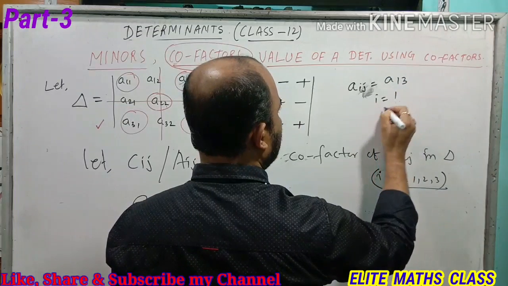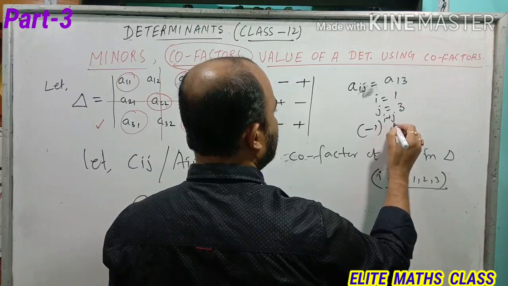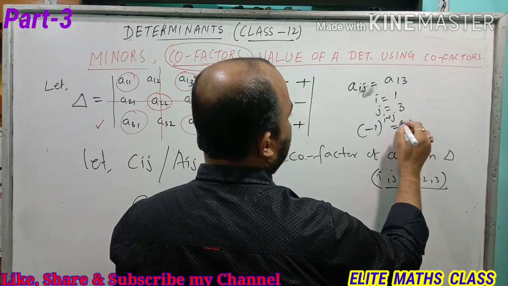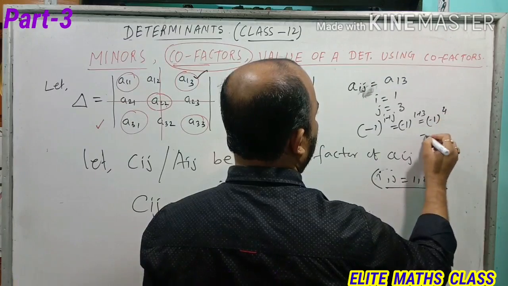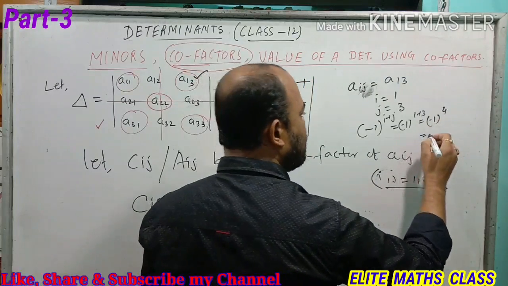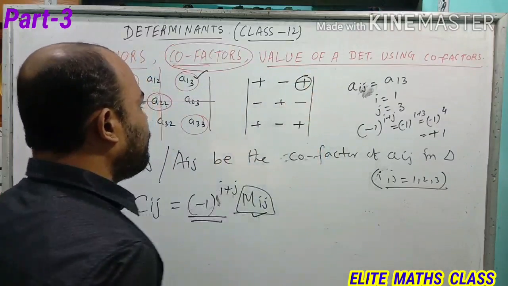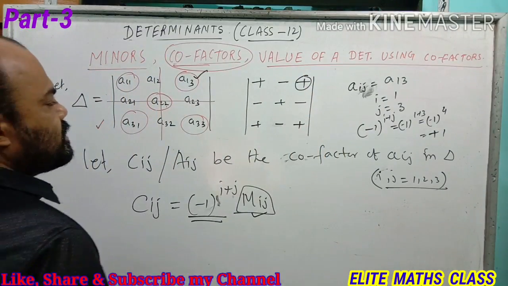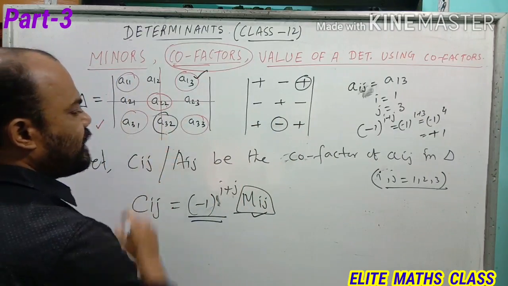So i equal to 1, j equal to 3. So what will be minus 1 power i plus j? It will be minus 1 power 1 plus 3, equal to minus 1 power 4. Minus 1 power odd is minus, even is plus 1. So see, the sign of the position is plus. Now see another one, say this position A32.